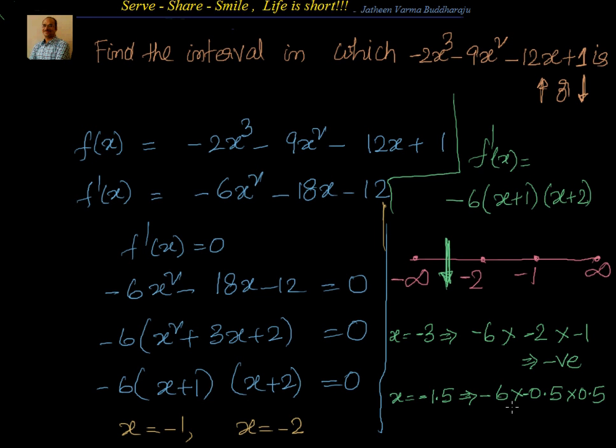So you have minus into minus plus. We have positive sign here. That means the function is increasing between the interval minus 2 to minus 1. Obviously on the other side it will be decreasing, but we will check for x equal to 0. If I put x equal to 0, I will have 0 plus 1, 1, and 0 plus 2, 2. 1 into 2, 2 into minus 6 is minus 12.